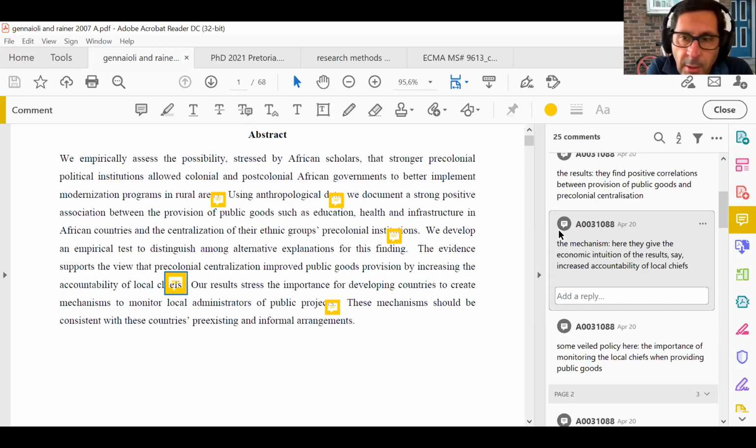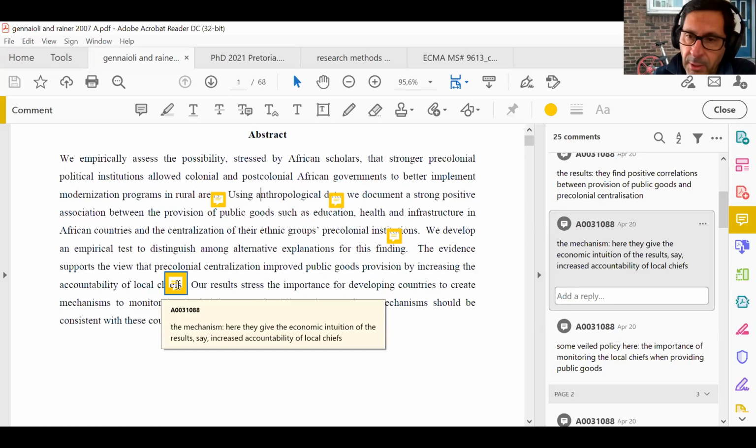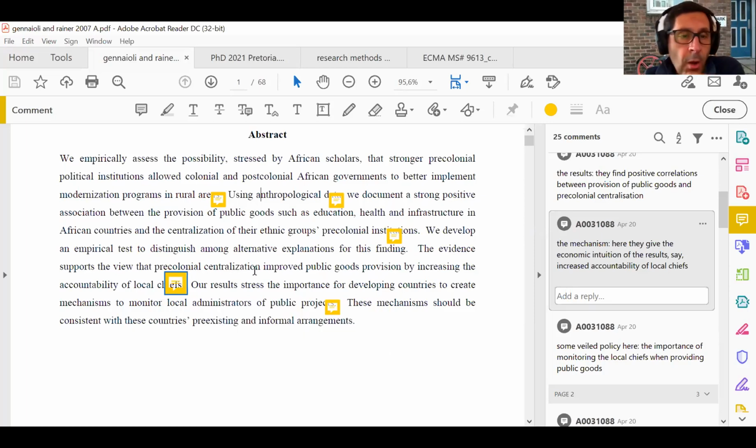Say, increased accountability of local chiefs. So the evidence supports the view that pre-colonial centralization improved public goods provision by increasing the accountability of local chiefs, right? And again, they start by highlighting the role of chiefs in the design of pre-colonial institutions during colonial times and also after, right?